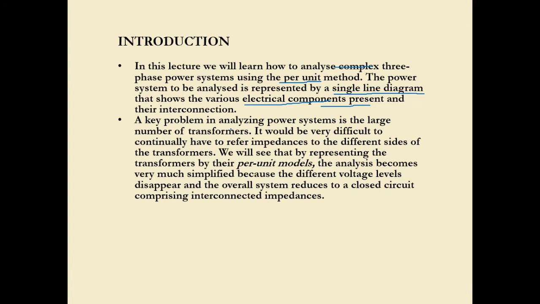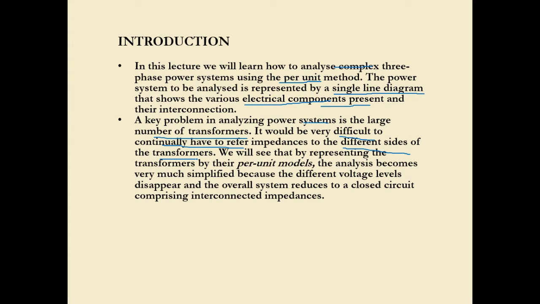A key problem in analyzing power systems is the large number of transformers. In a more complex power system, we have a large amount of transformers. This makes it very difficult to continually refer impedance to the different sides of the transformers.